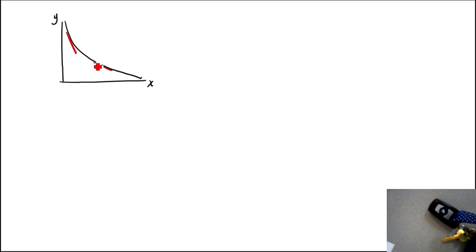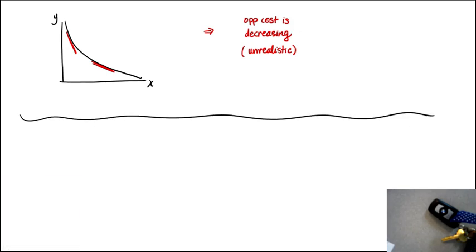What's happening here, guys? Opportunity cost is what? Yeah, so opportunity cost is actually decreasing. So I'm only going to give you something like that kind of for test purposes. Please make a note, this is kind of unrealistic. No one is suggesting that opportunity costs actually decrease. That would be weird. But you could be working with all three shapes.